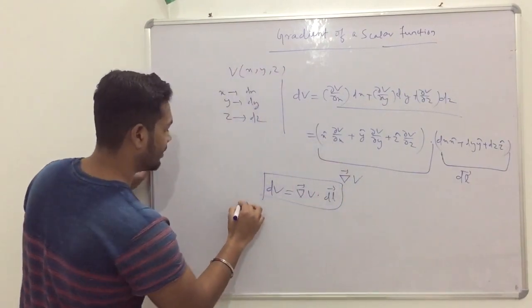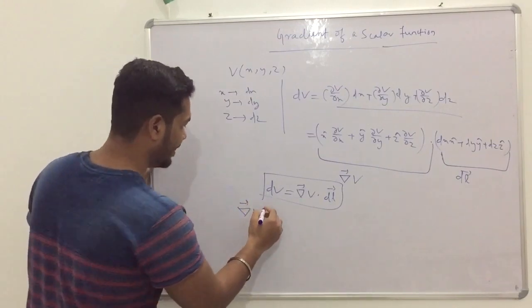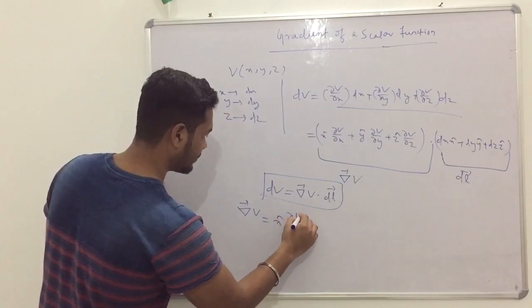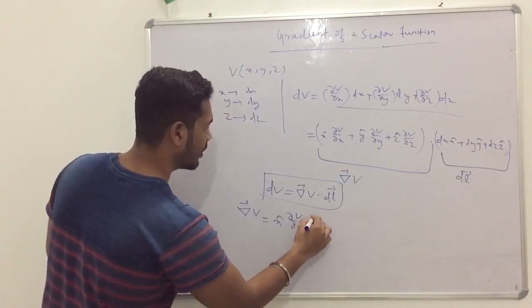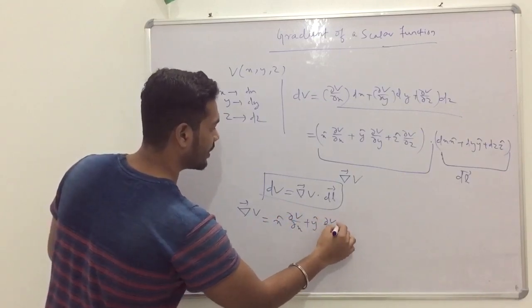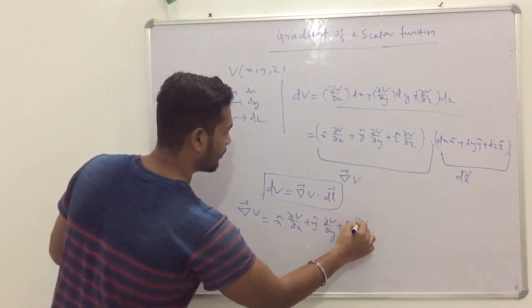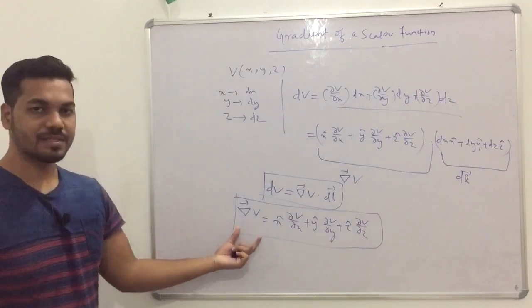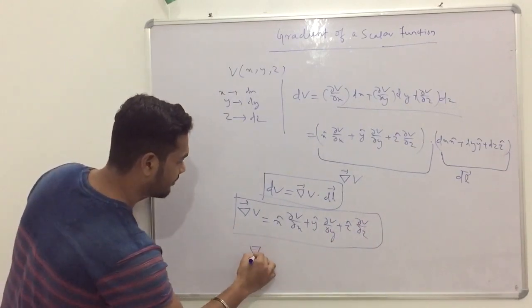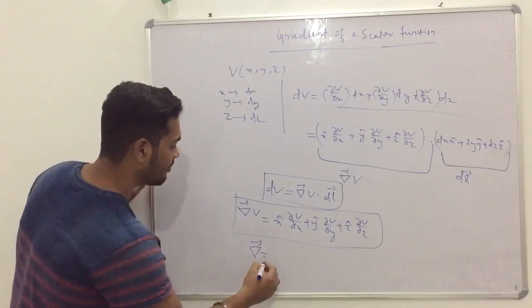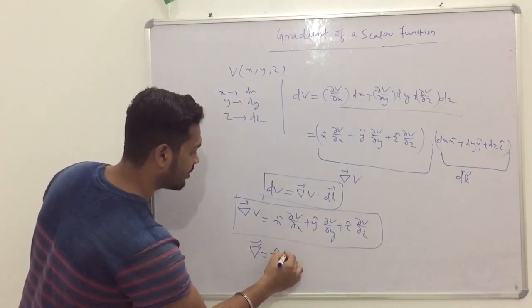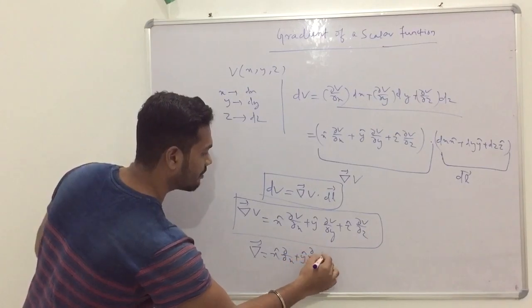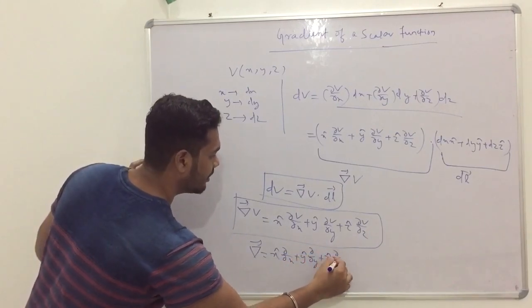So you can write that grad v, or the gradient of a scalar function v, is nothing but x cap del v upon del x plus y cap del v upon del y plus z cap del v upon del z. This is a very important part, from which you can extract the grad operator: just remove v from here, and you get x cap del upon del x plus y cap del upon del y plus z cap del upon del z.